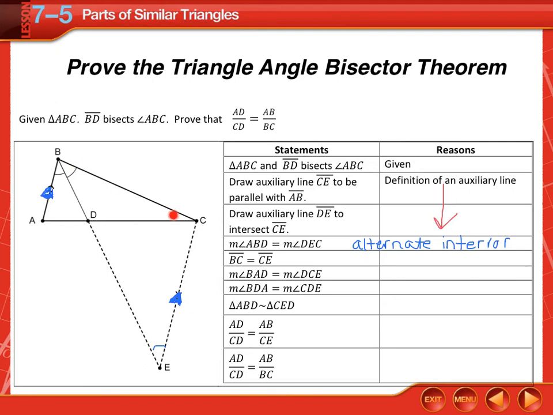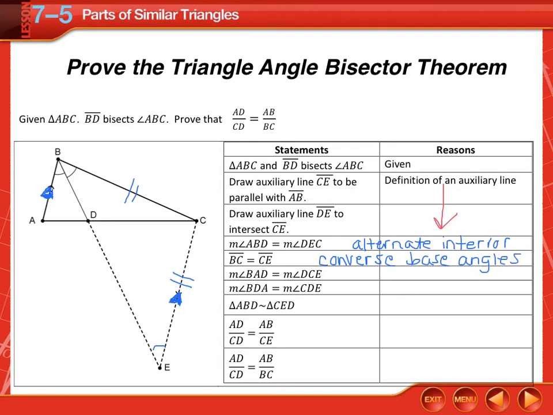BC, this side here, is congruent to CE. If you take a look at what we just created, we've got base angles here that are congruent. Therefore, the sides opposite those angles are congruent, so we've created an isosceles triangle. You could say the converse of base angles, or the converse of the isosceles triangle theorem.